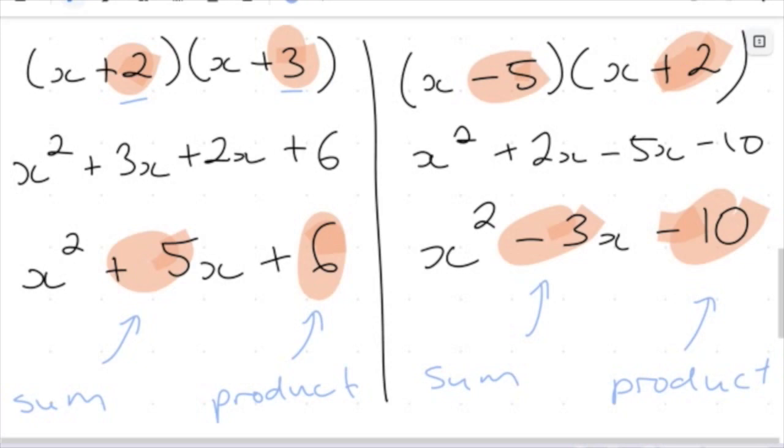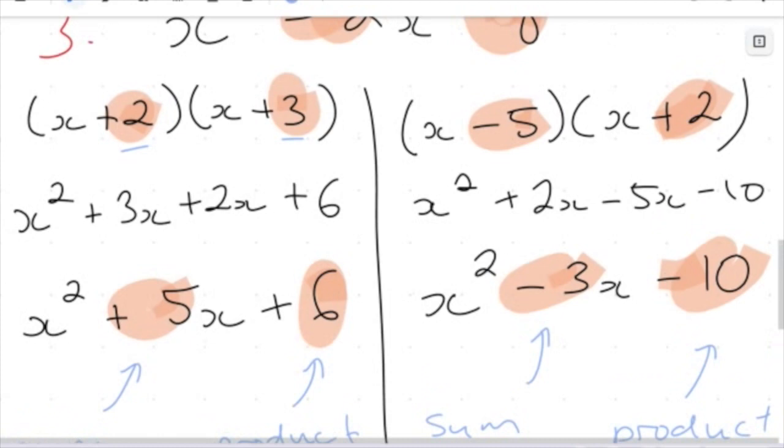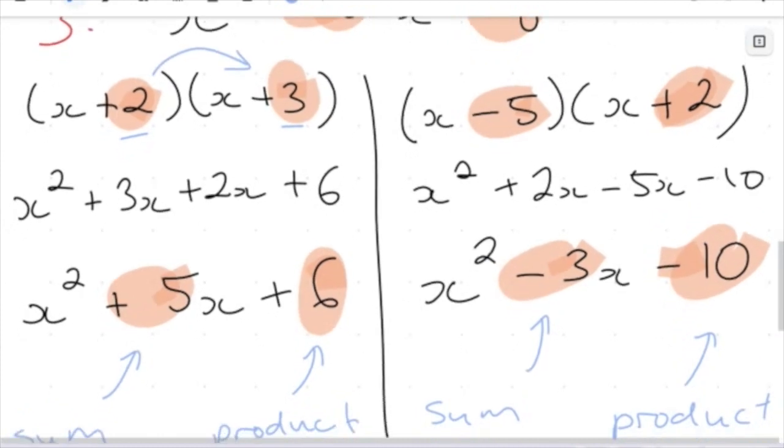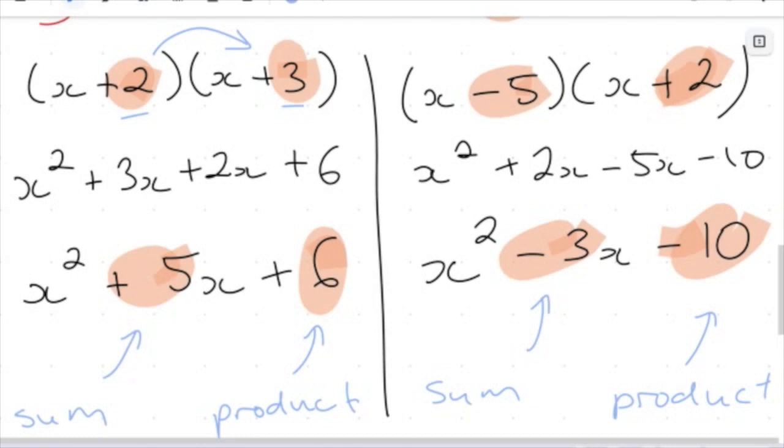But if you think about this idea of sums and products, it makes sense that these coefficients, or these pronumerals, b, so for example this one, as well as c, would be what they are. Because think about this 6, we made that from timesing 2 with 3. So it makes sense that that would be the product of those. And this sum here, 5, it makes sense that we got that because those were the like terms that we ended up adding.